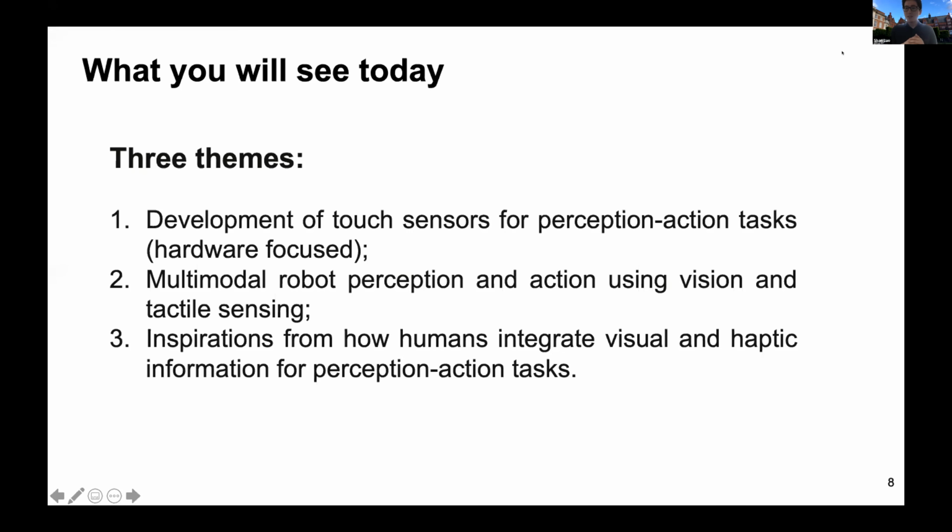Today we have seen a lot of talks on these three themes. We have seen tactile sensors like DIGIT, GelSight, TacTip, and GelTac. And we also saw a lot of examples of how to use tactile sensors to perform these perception and action tasks. I believe the people who work on the applications will give feedback to the people who work on tactile sensors.